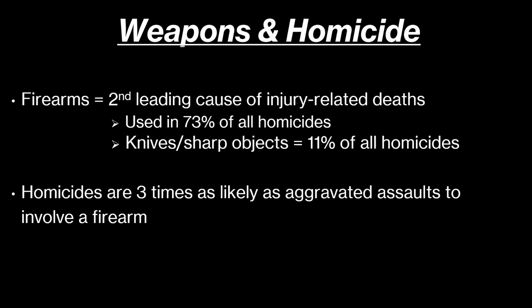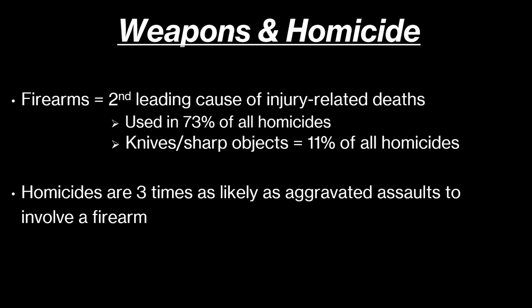Firearms are the second leading cause of injury related deaths in the United States. They're used in approximately 73% of all homicides. So, that chart that I just showed you had the different classifications of firearms. Adding all of those together, they account for about 73% of all homicides. Knives and sharp objects were the second leading weapons used, and they account for about 11%.